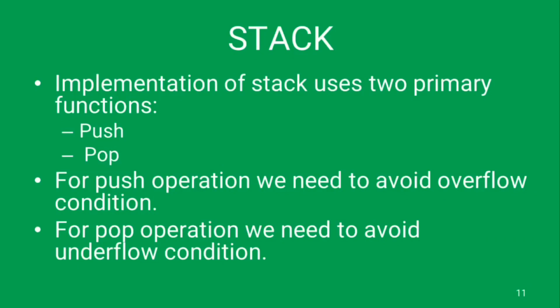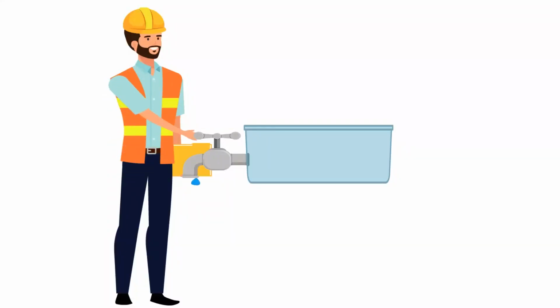Alright. Now what about pop operation? So pop operation means if you want to remove a number or some data from the stack, that is called pop operation. That is removing an element from the stack. So what happens if your glass of water is completely empty and you want to remove some more water out of it? Is it possible? No. So that is exactly what underflow condition means.